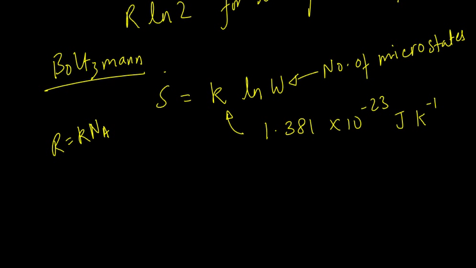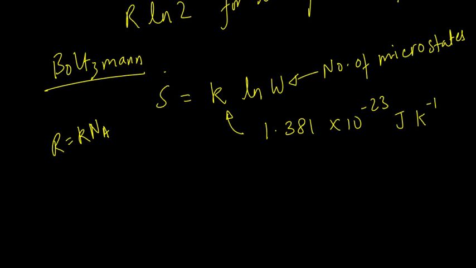And now I give you another volume V, which can also be filled up with these gaseous molecules. So initially I had some number of microstates W, now I have twice the number, right? So the change in entropy would be just log 2.